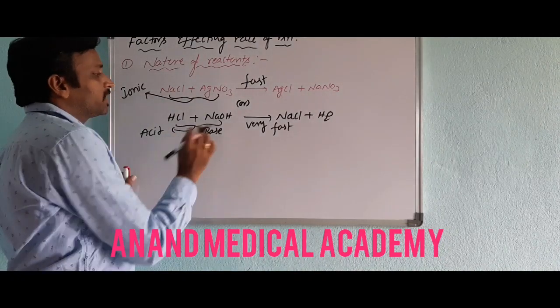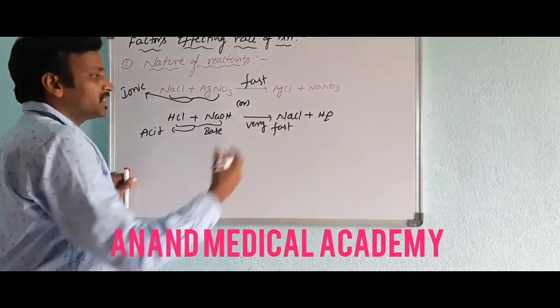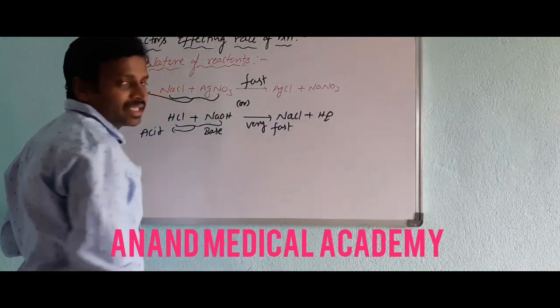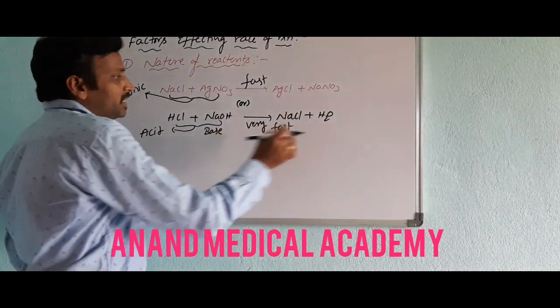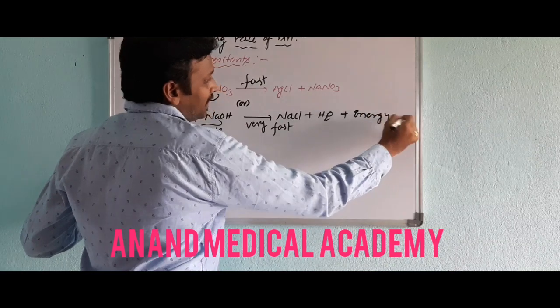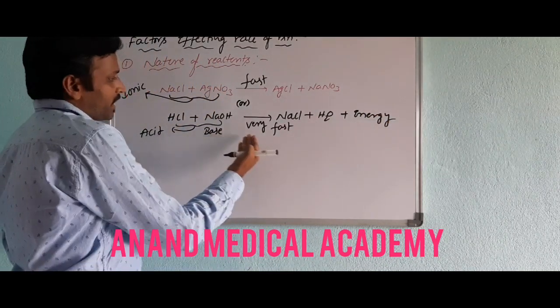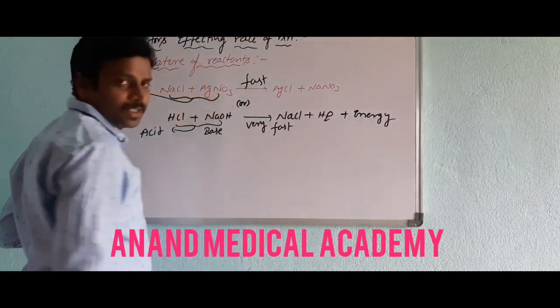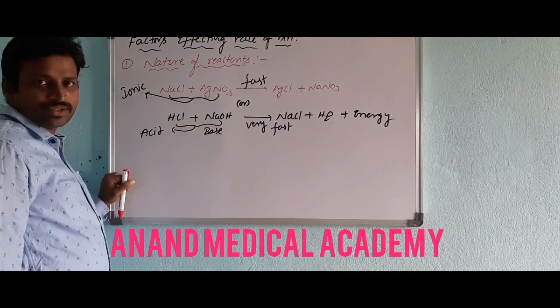When acid is mixed with base, they are very fast, because neutralization takes place, which is an exothermic reaction. Exothermic means energy, heat will be released, and then this reaction takes place with more speed. Rate of reaction is very high for these kinds of reactions.